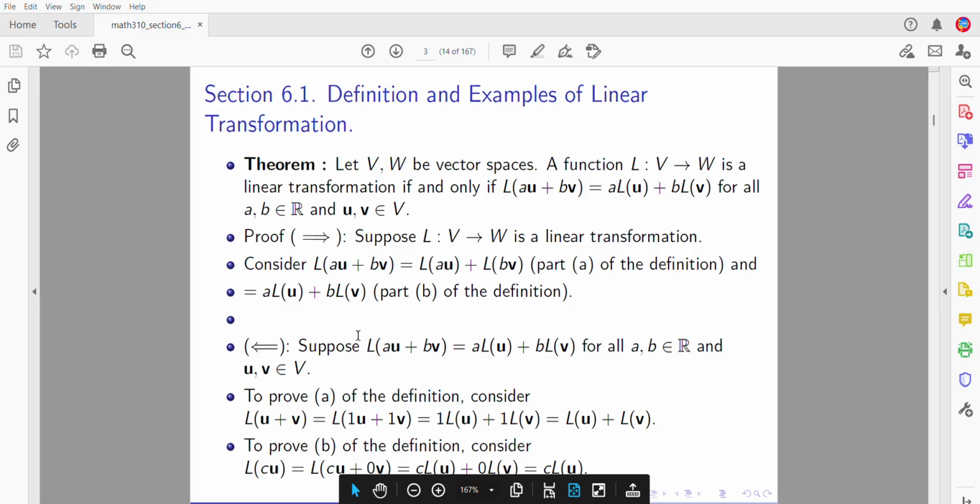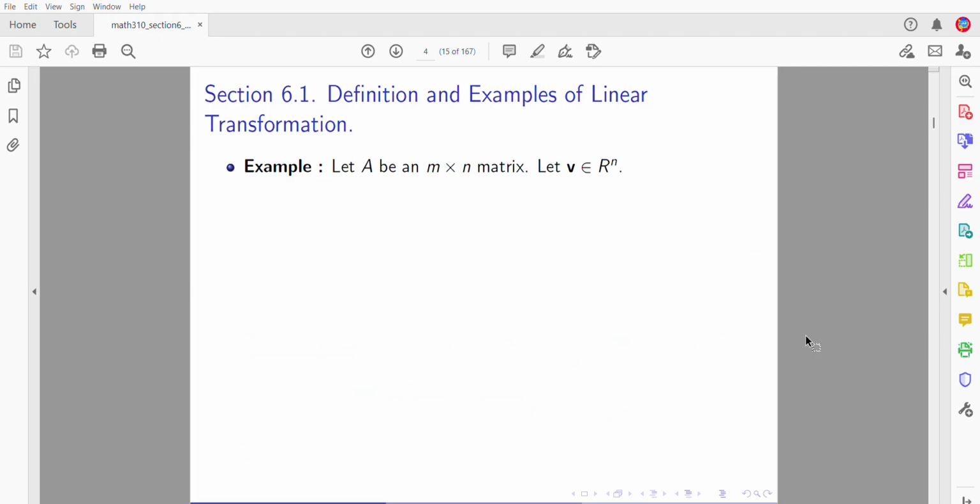So, c L u plus 0 L v. 0 L v is 0. So you get L of c u is c L u. That means L respects scalar multiplication. It respects vector addition and scalar multiplication. So, L is a linear transformation.